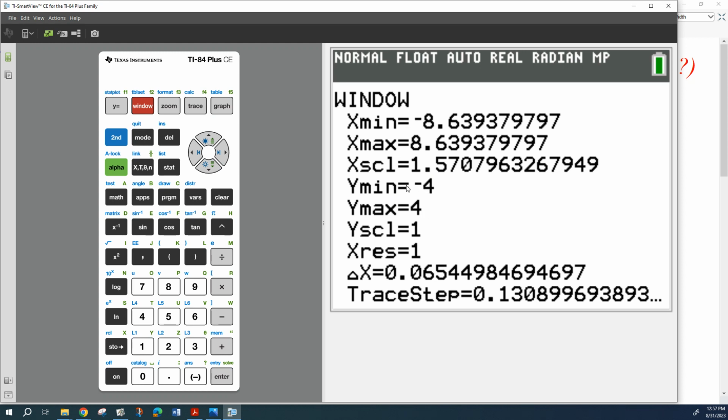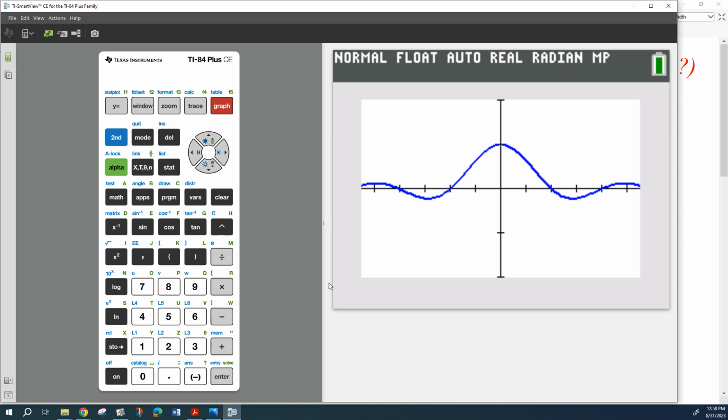Instead of going from -4 to 4 vertically on the y-axis, why not just go from like -2 to 2? Looks better, okay?